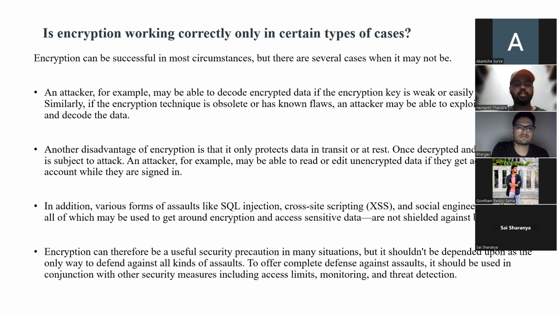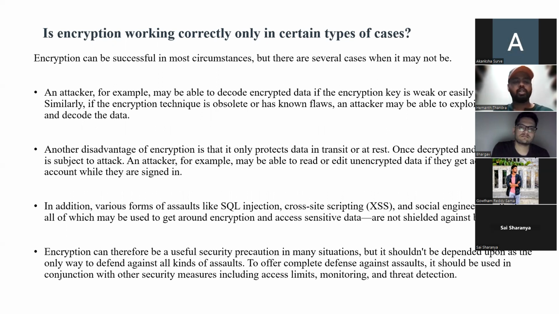The next slide questions us: is encryption working correctly only in certain types of cases? For this, encryption can be used successfully in most circumstances, but there are several cases where it might not.